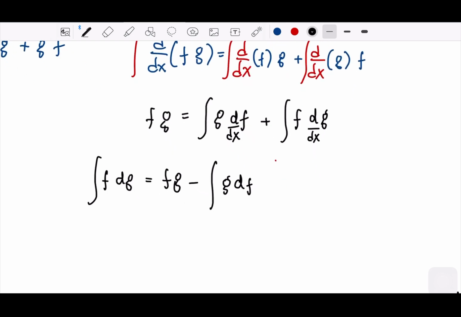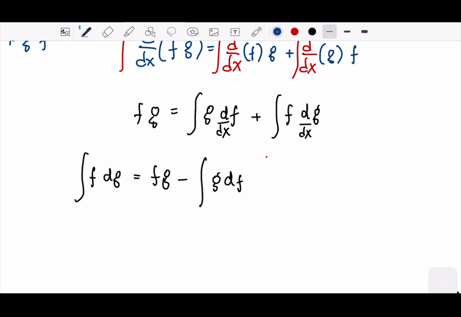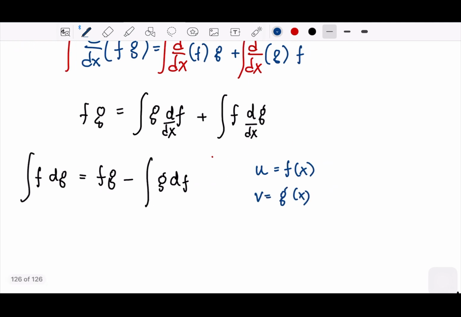Now let's say u is a function of x, f of x, and v is g of x. Then du, with the chain rule of course, is f prime x dx, and dv is g prime x dx.